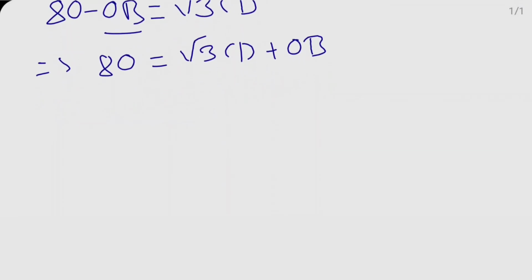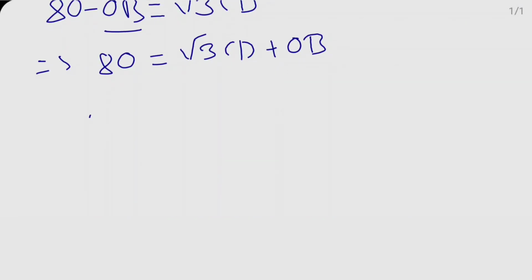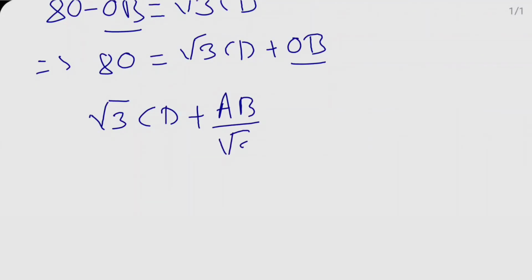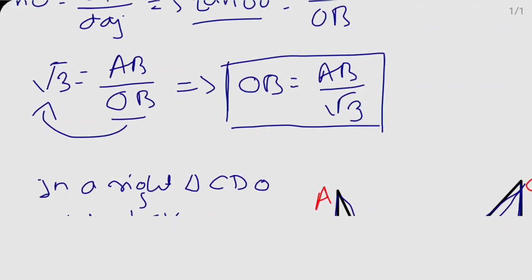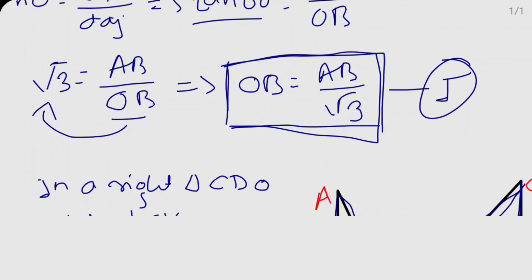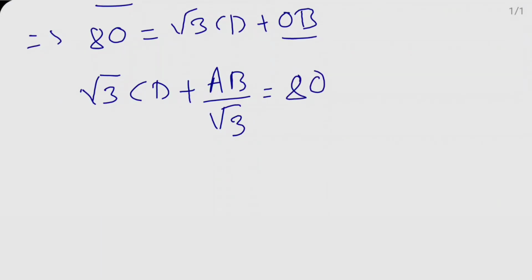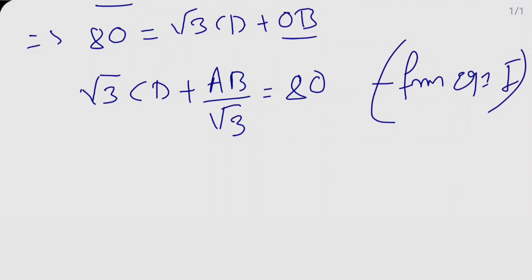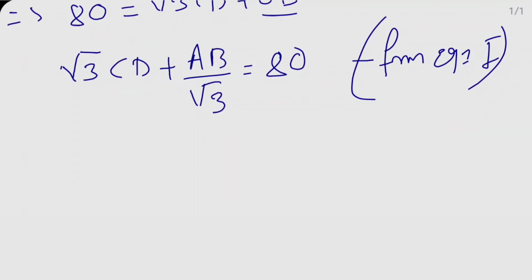So now this one we can write root 3 into CD plus OB, we can write AB by root 3. So see here, OB equal to AB by root 3. Call this equation 1, and this equal to 80 from equation 1. Is it clear?